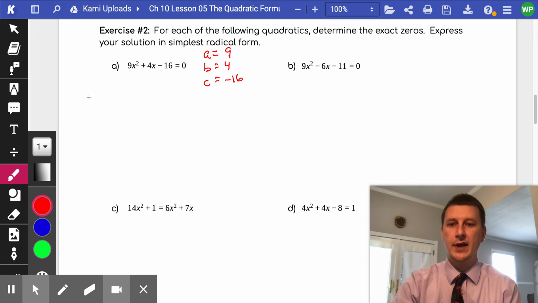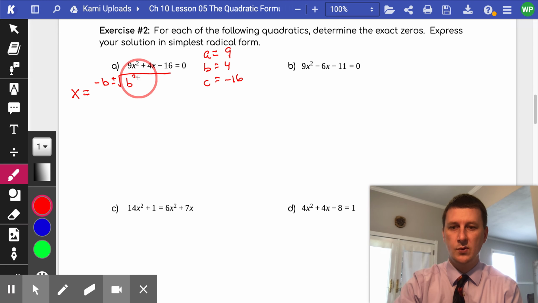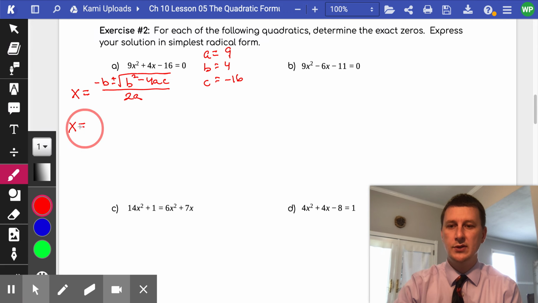Now that we know those values, we need our quadratic formula, which is always going to be x is equal to negative b plus or minus the square root of b squared minus 4ac all over 2 times a. Okay, now time to substitute into that formula.